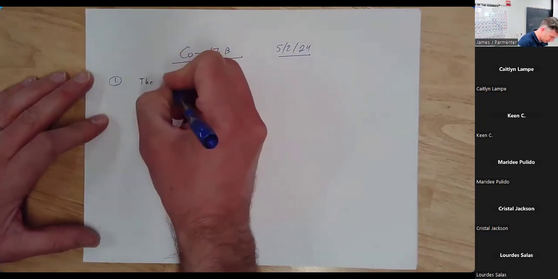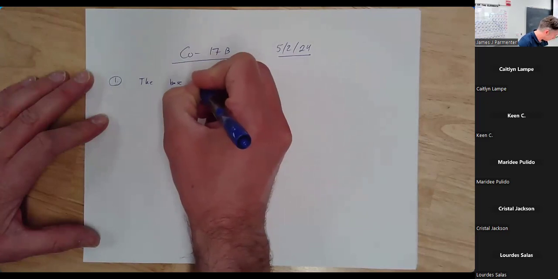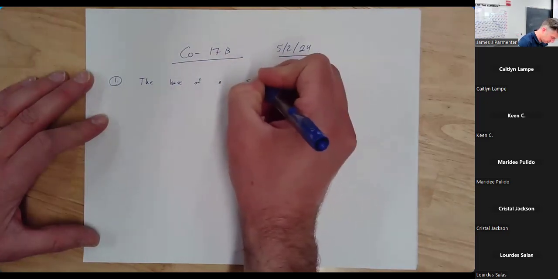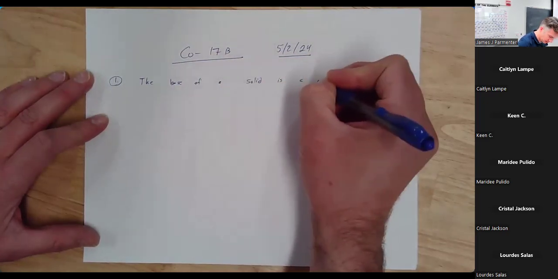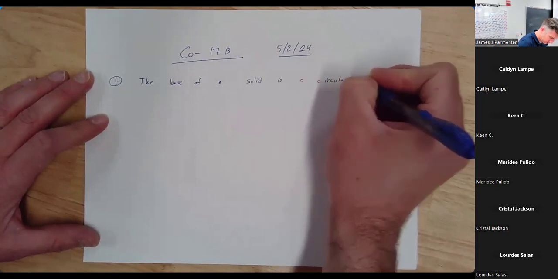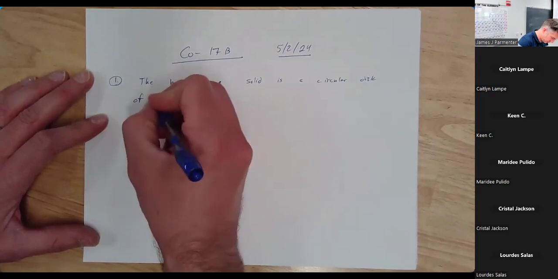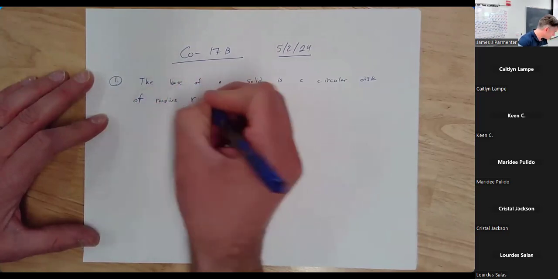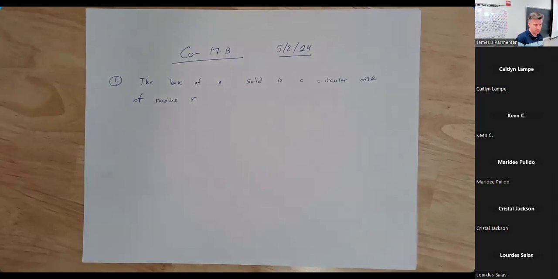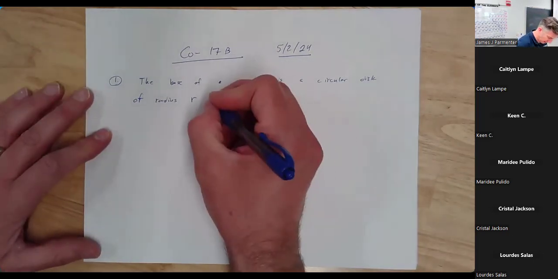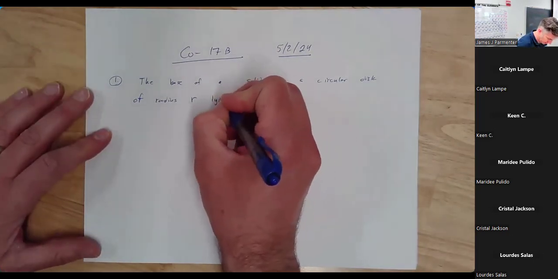The base of a solid is a circular disk of radius R. And I encourage you to save these words, and we're thinking about it as lying in the XY plane.